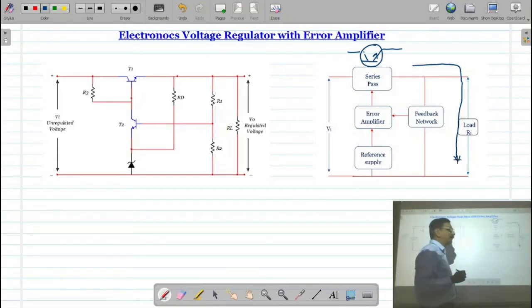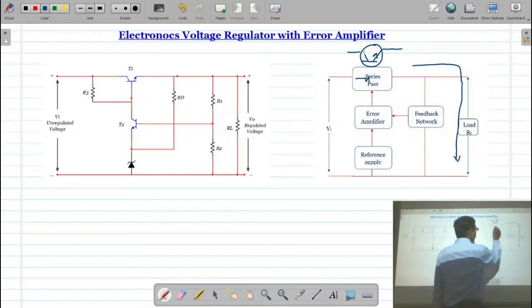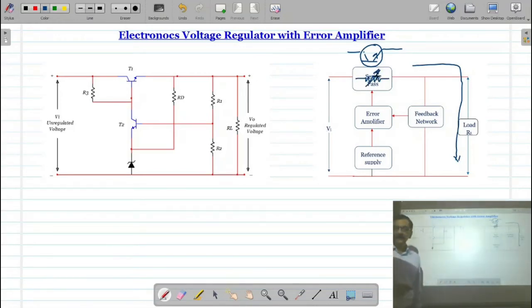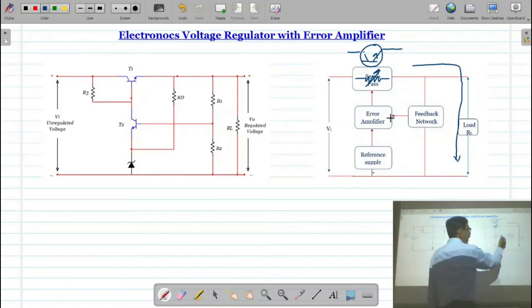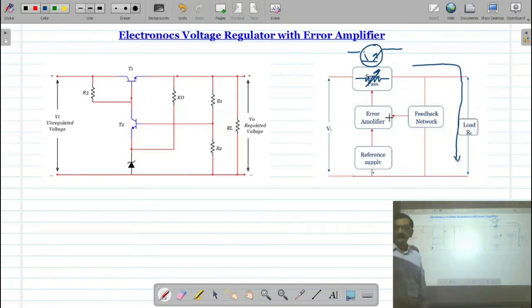As already mentioned in a previous lecture, this transistor works as a variable resistance. Then we have an error amplifier, which has two inputs. One input is given from the reference supply and the other input is given from the feedback network.